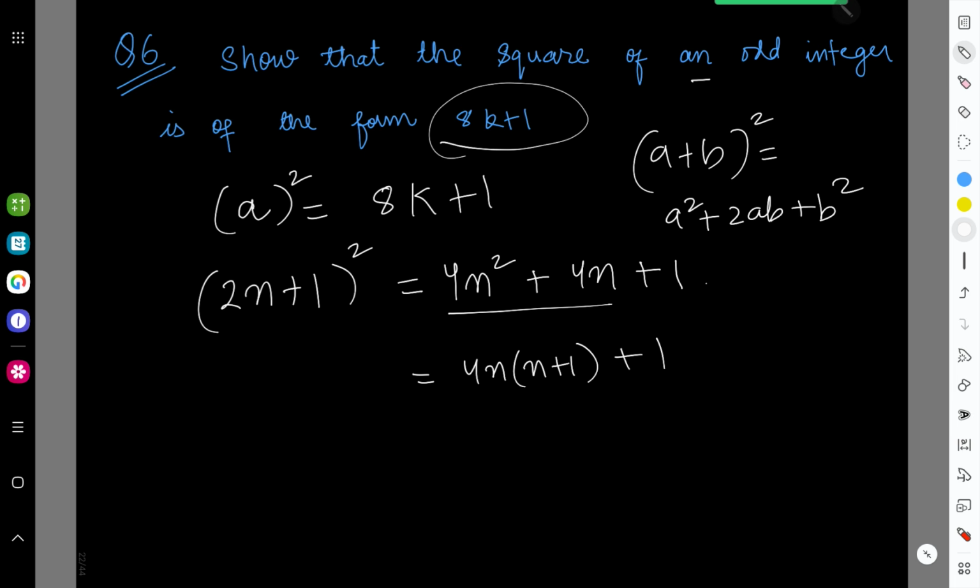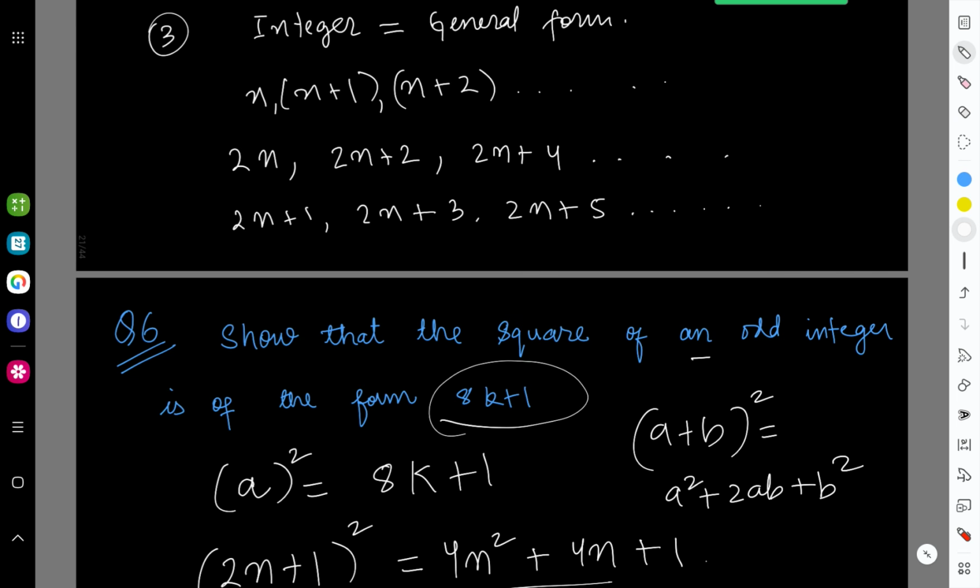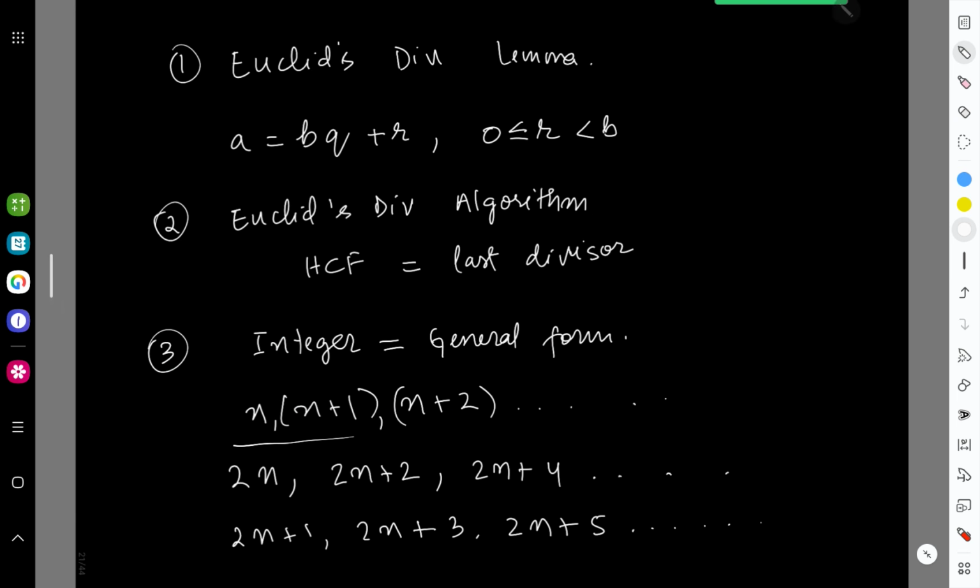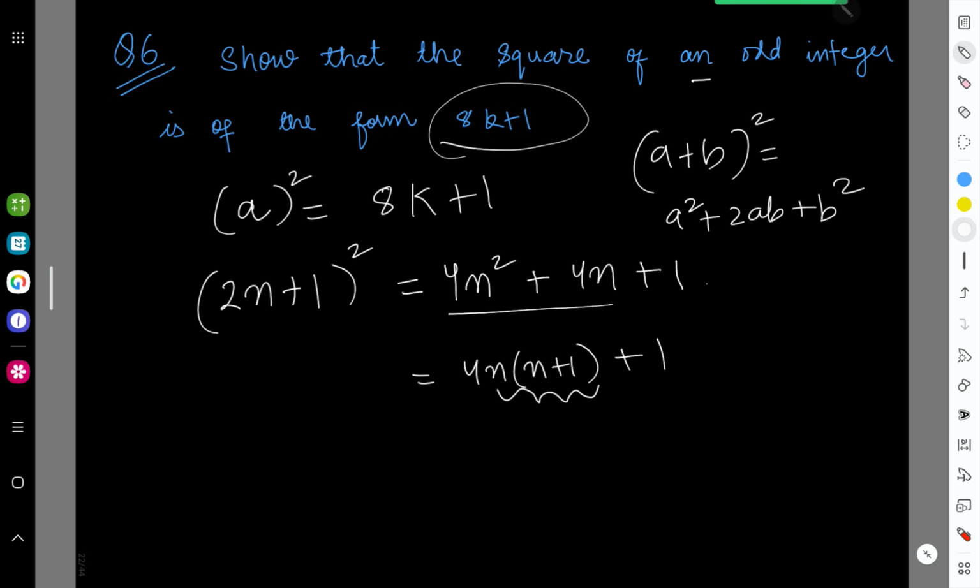So if we see this general form, does it look familiar to our first general form, that is for consecutive integers? n and n plus 1 is a general form for two consecutive integers.